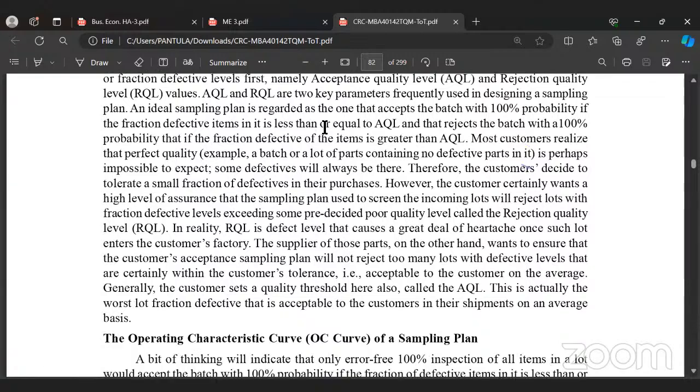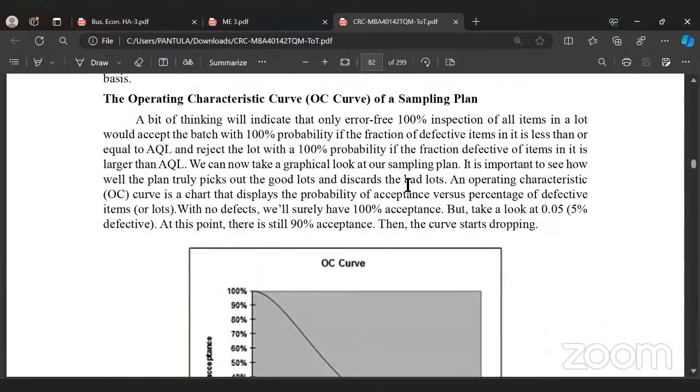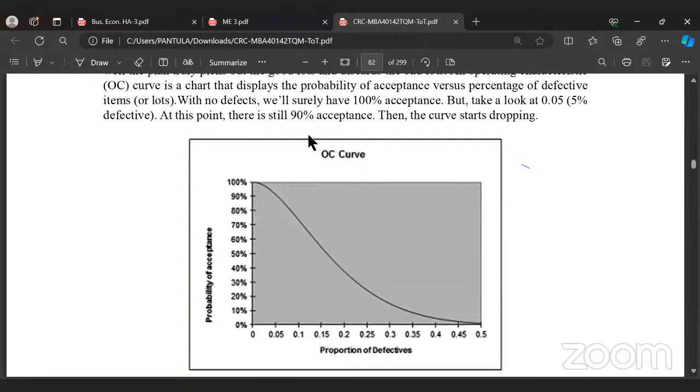Now we'll go with the chart. The operating characteristics curve, the OC curve. OC means what? Operating characteristics curve of a sampling plan. Now you can observe the OC curve.